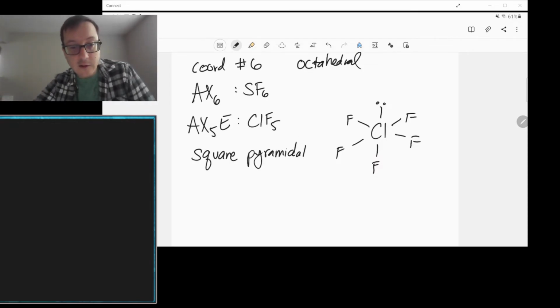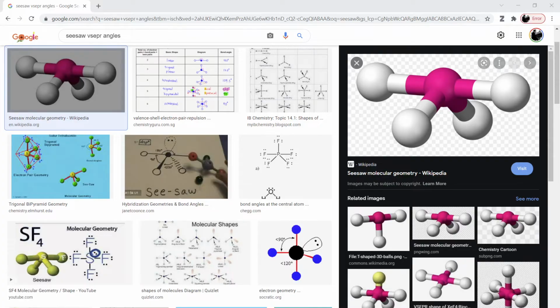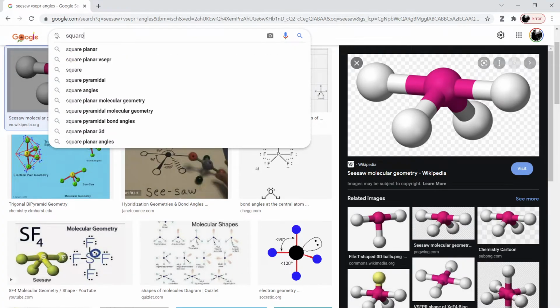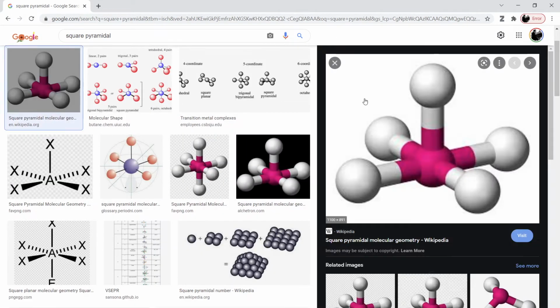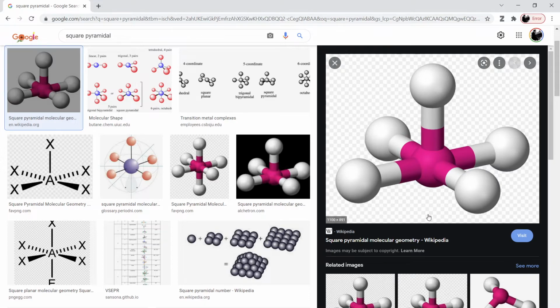And let's take a look at what that looks like. So it's going to form a square pyramid. I've drawn my lone pair on the bottom, but suffice it to say, we end up with the same shape. I put mine on the top, but this one we have it on the sides here. So this is a square pyramid.